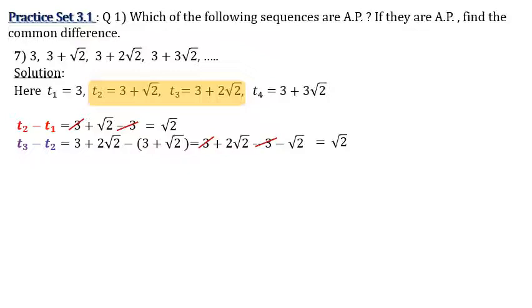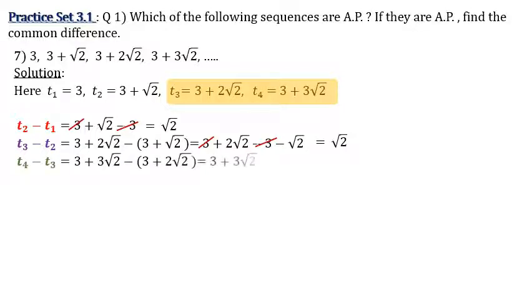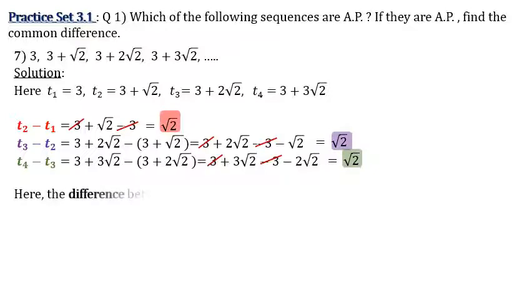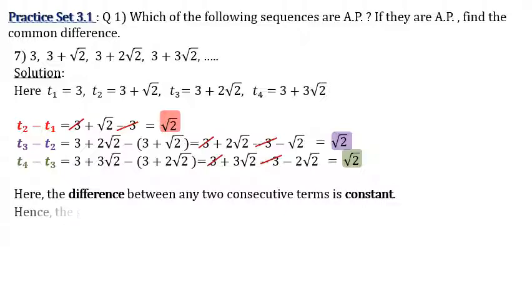Next, we find the difference between T4 and T3. Observe that the difference between any two consecutive terms here is constant. Therefore, the given sequence is an AP with common difference equal to root 2.